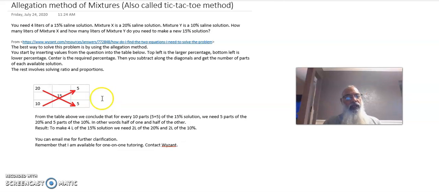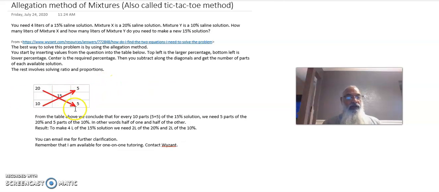Just keep in mind that you add these two together to get the total number of parts, out of which this is the number of parts for this solution, and this is the number of parts for this solution. Okay, and then beyond that, it's just a case of what we call ratios and proportions. If you need more details on how to do the ratios and proportions, that might be a separate video, you can ask me for clarification, or ask me to make you a video for that, but that's for then.